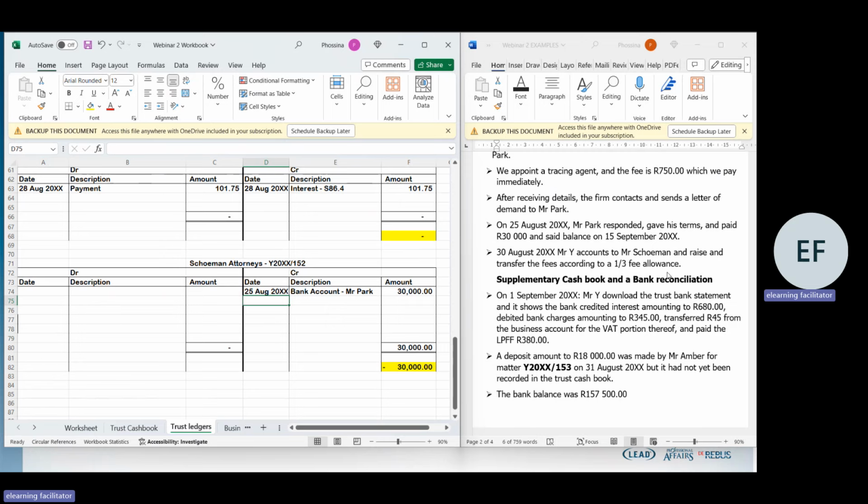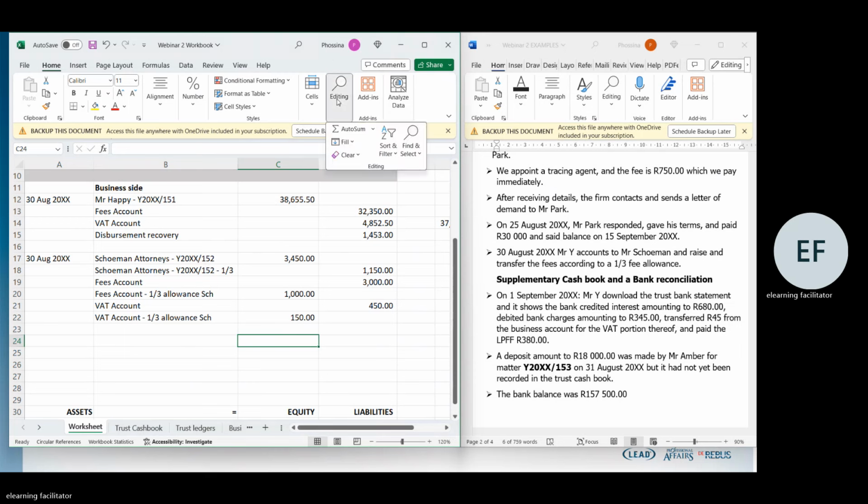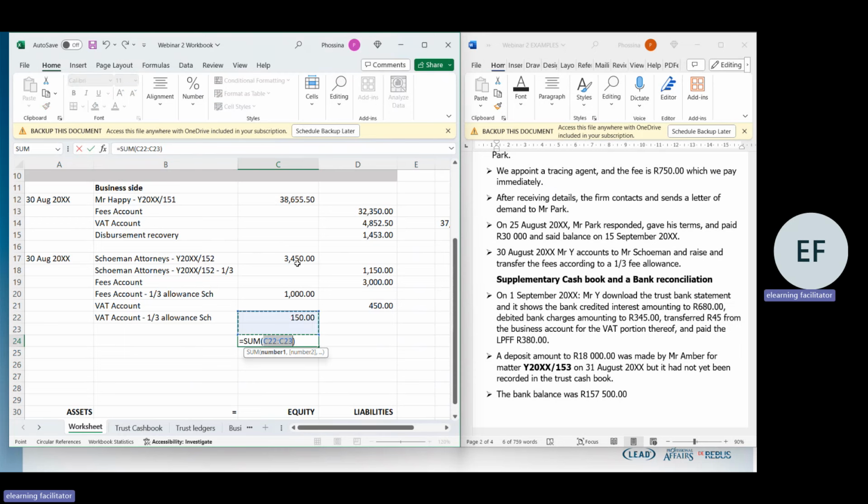So this is going to be our correspondent journal account. If you add the sides and compare, they should equal, so that it's adding up. Then we want to post this into our ledgers.